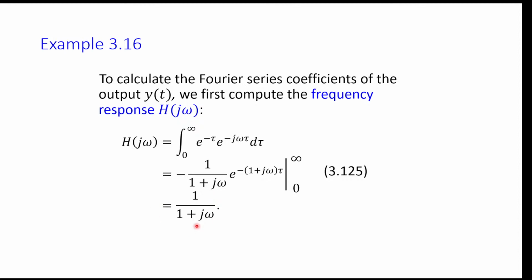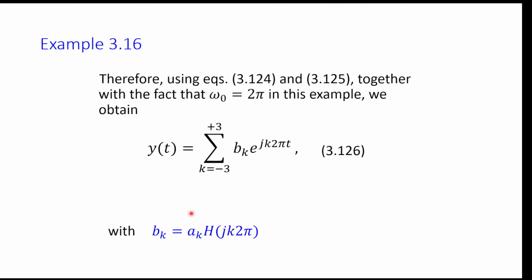Okay, so with a lot of arithmetic, you get H of j omega equal to 1 over (1 plus j omega). And now we can plug this into our formula. So we have y of t equal to the summation of b_k e to the jk omega naught t, the same Fourier series form, which is e to the jk 2 pi t, and b_k will be this a_k times H of jk omega naught.